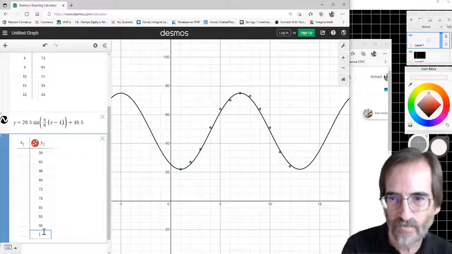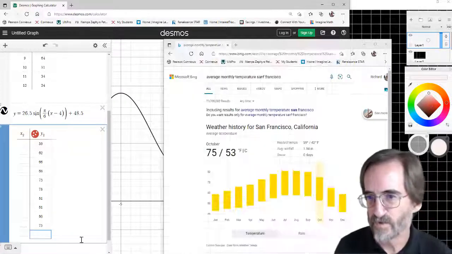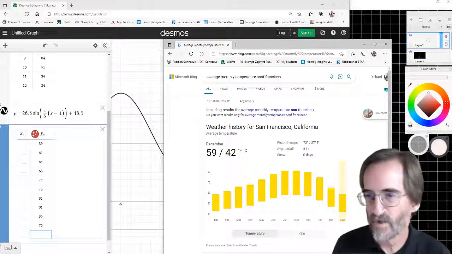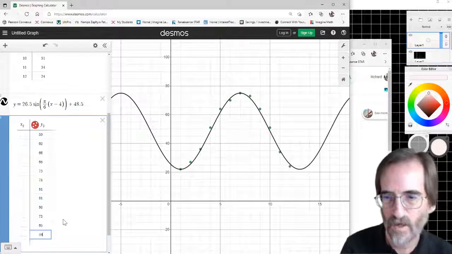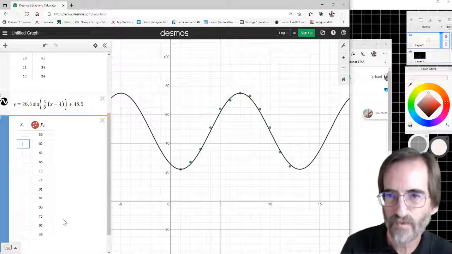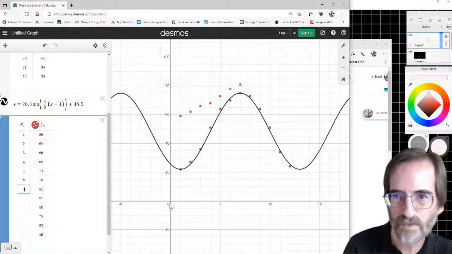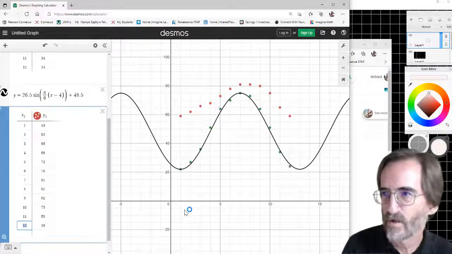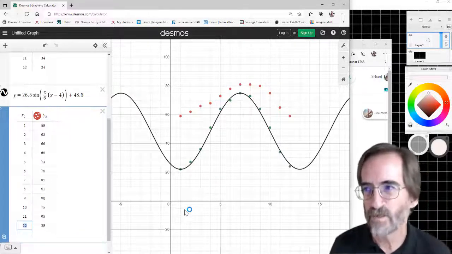If I'd chosen Phoenix, Arizona, you'd see very different results, because that's inland. 65 and 59. Okay, put the month numbers in. Okay, 1, 2, 3, 4, 5, 6, 7, 8, 9, 10, 11, and 12. Okay, so you'll notice the difference here in the peaks, right?